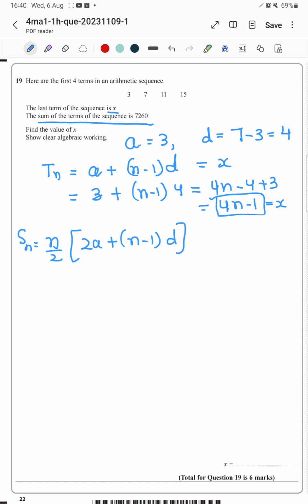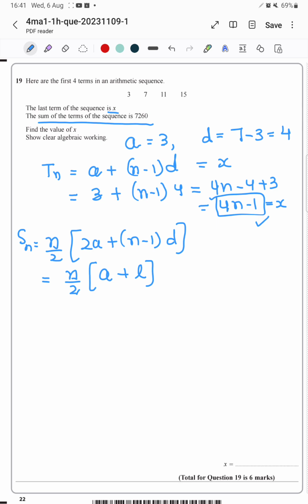Another case is when you don't have all this information, n, a and d, but instead you have the first term and the last term. So let's say there are n terms, it is n by 2 times the first term plus the last term. Now in our case the last term is x, and in terms of n it is 4n minus 1.